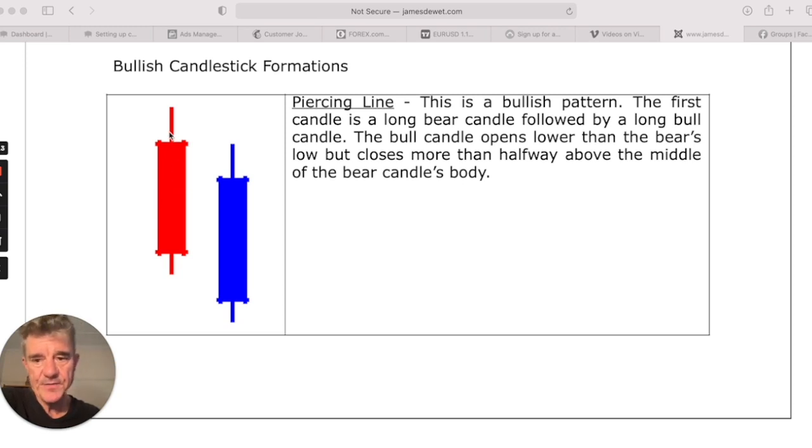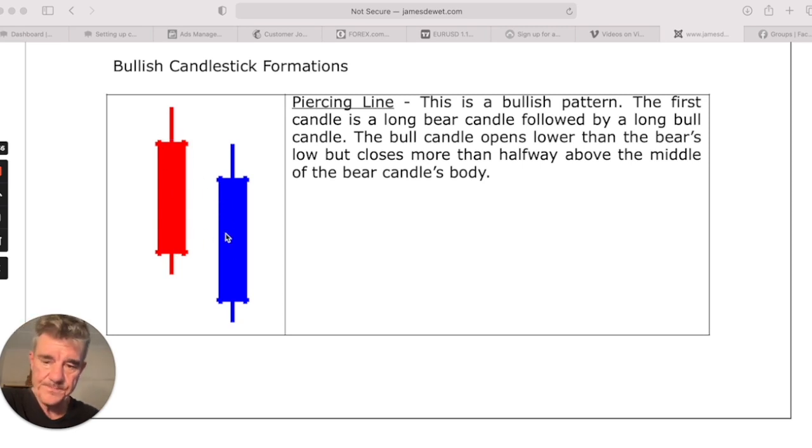So basically we've got a move down. The very next hour, the next candle moves up. It's a strong bullish pattern because the body of the candle is much larger than the wicks of the candle. Same here. Body of the candle is much larger or longer than the wicks of the candle. And this has moved down.